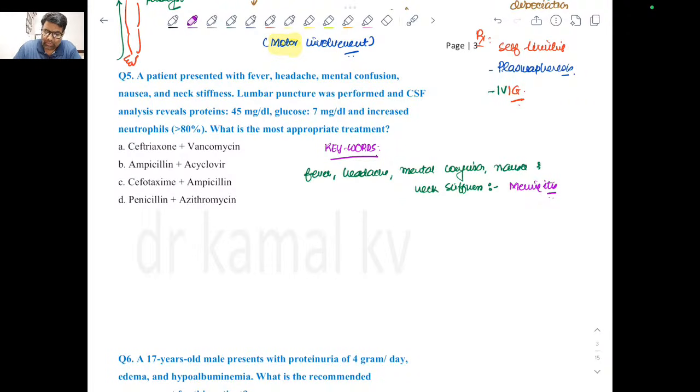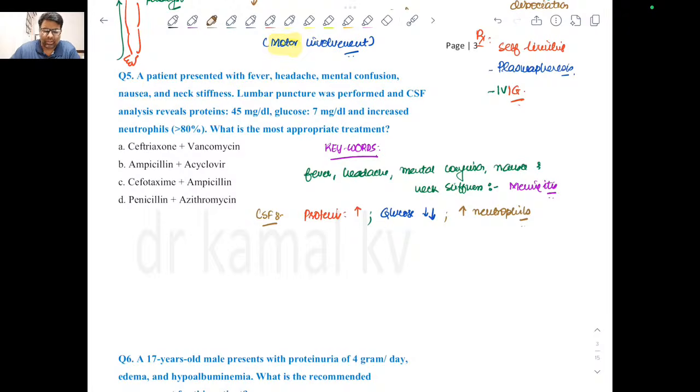Now, but what is more important for us is CSF findings, and here what we will see is that the protein is slightly increased, but importantly the glucose is markedly decreased, because CSF glucose is normally 2/3 of the normal blood glucose. And third, what you can see here, increased neutrophils.